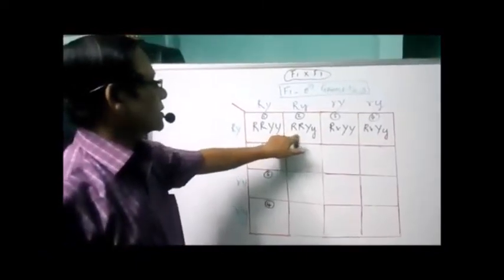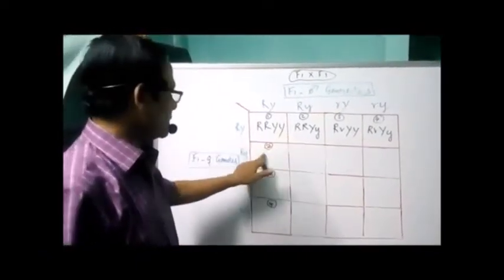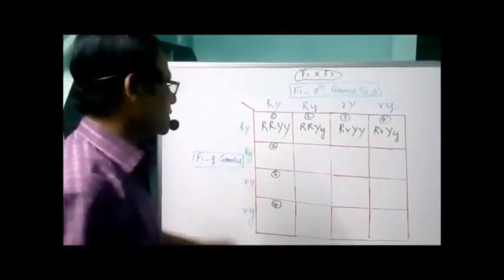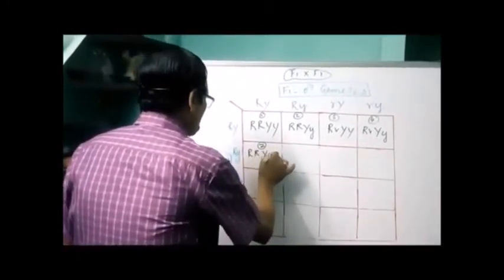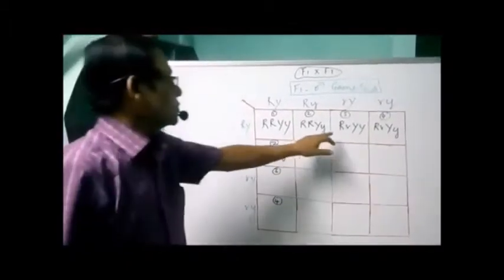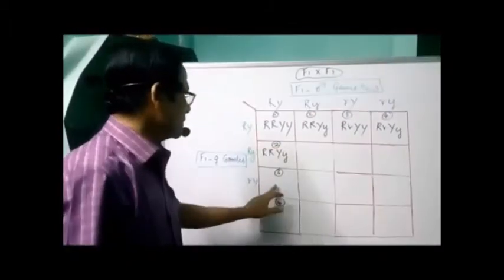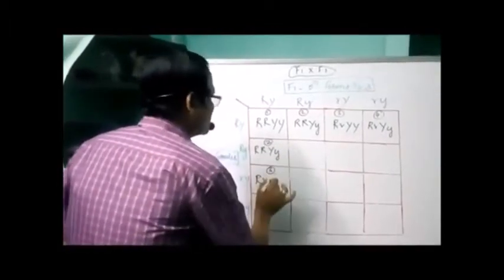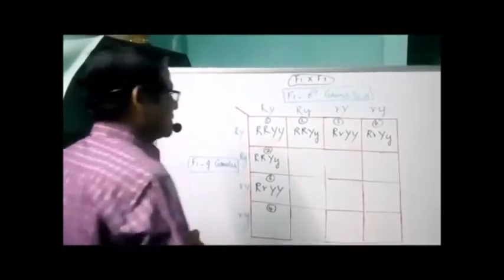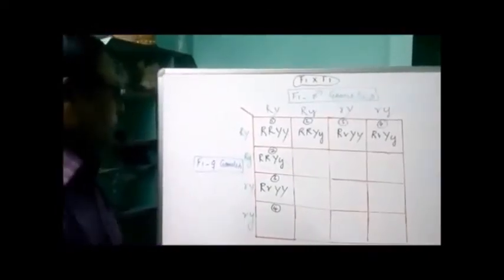Whatever genotype we are getting in box number 2, we get in that box vertically also. Capital R, you analyze it later and work it out. Then whatever you have in the third box, the same one is here in the third box. This is a simple method of just keeping it in mind.